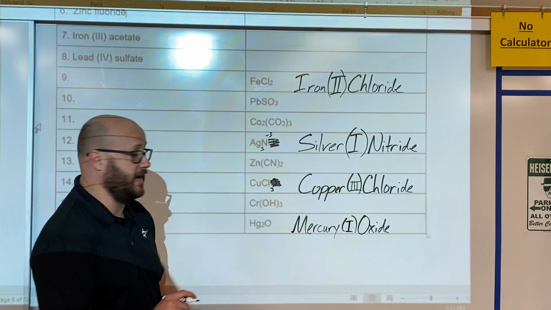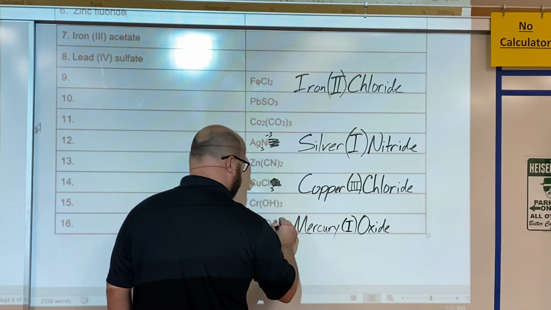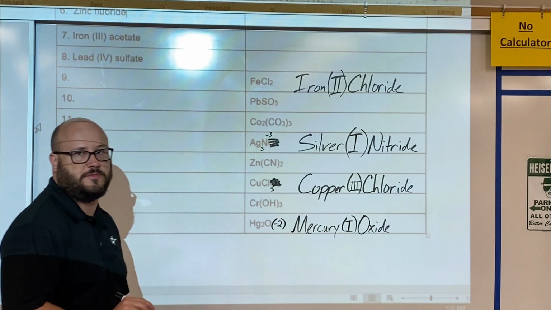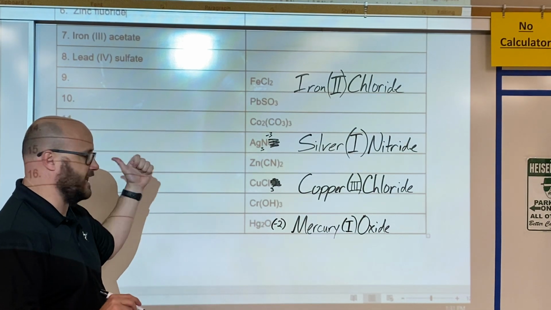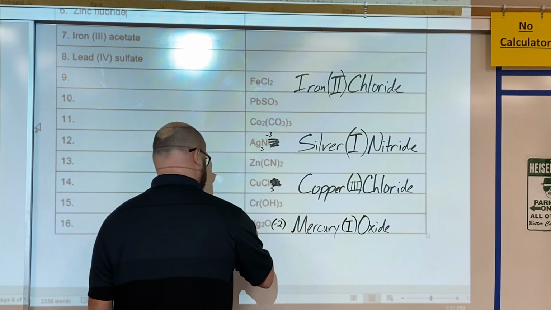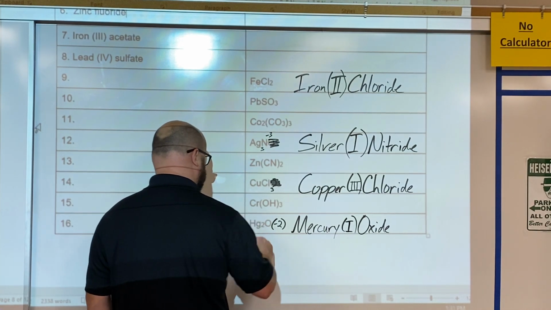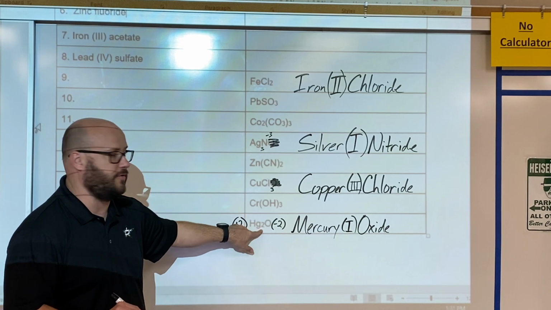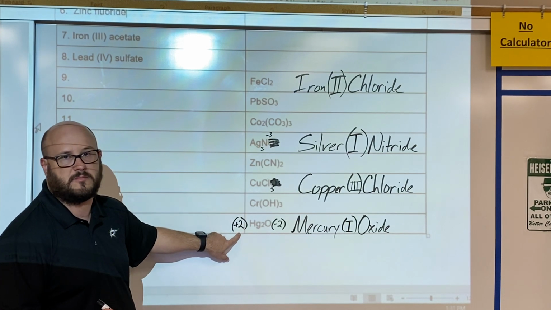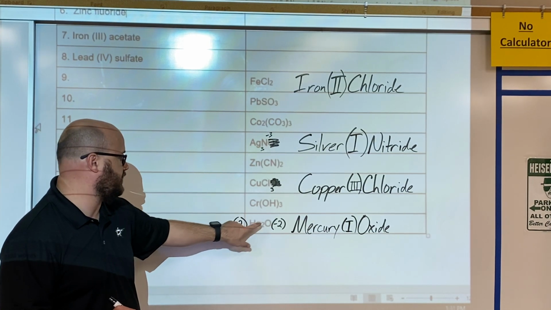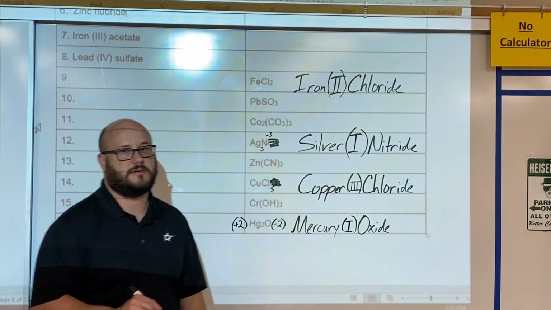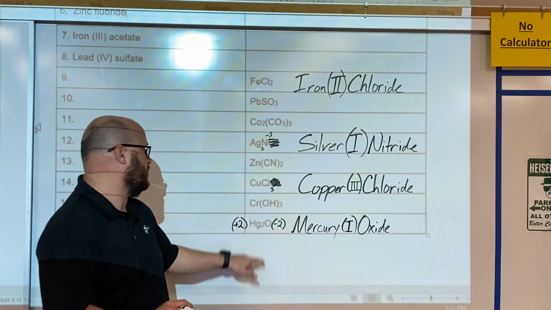Oxygen, you know, is a -2, and there's 1 atom, so the total charge on this side for the anion is -2. This side's got to be +2. And in this case, you have 2 atoms of mercury to make that +2 charge. 2 divided by 2 gives us 1. So our method worked again.